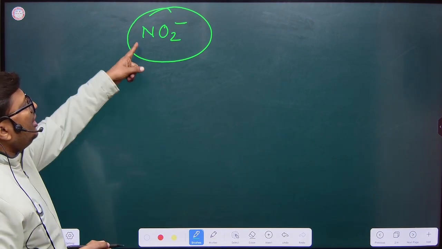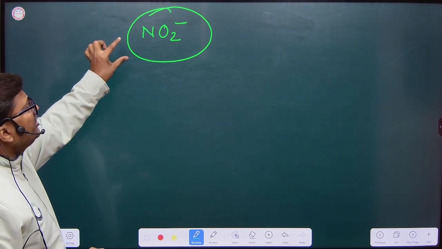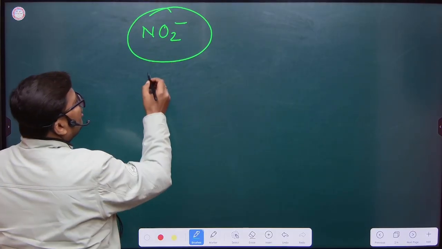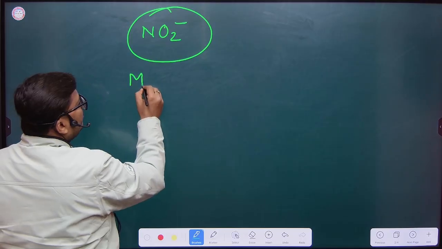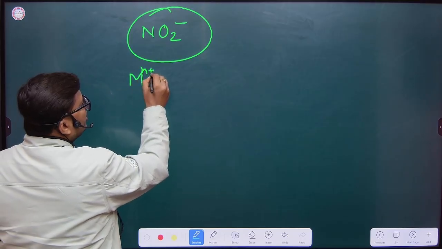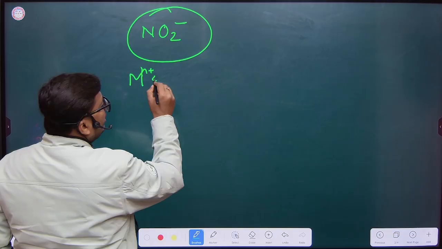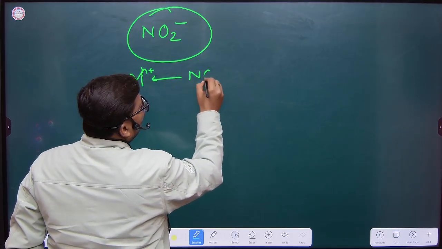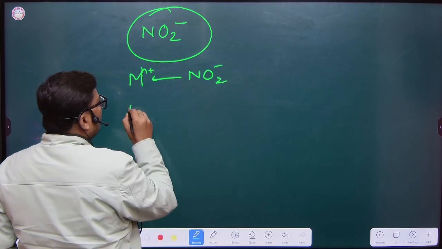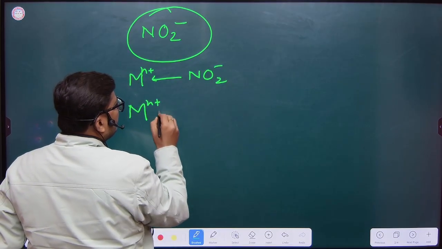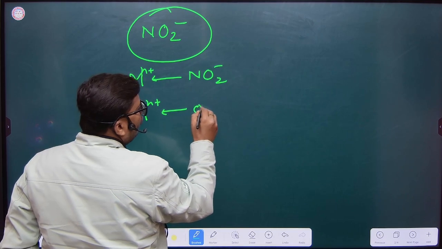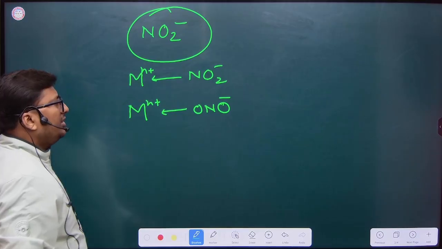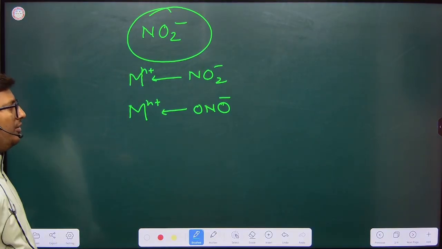This kind of ligand has the tendency to form complexes with either the nitrogen site or the oxygen site. It means if we have a metal in a particular oxidation state, M n plus, it can form a dative bond with the nitrogen of NO2 minus, or it has a choice, or it can form through O. The negative charge is fixed in both cases.